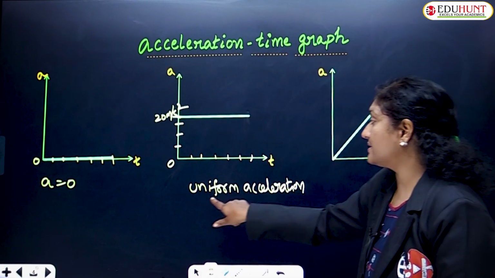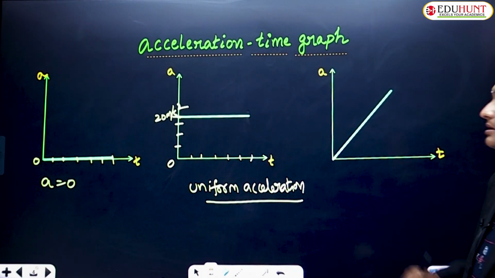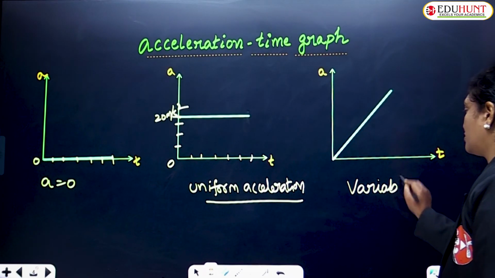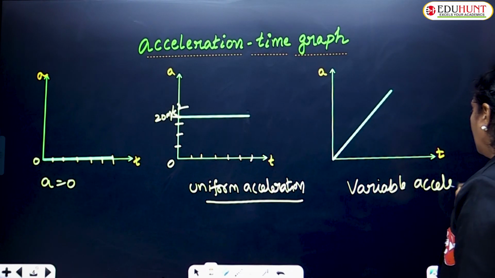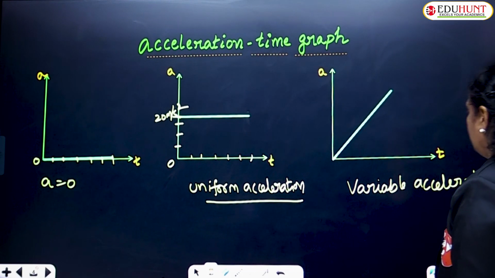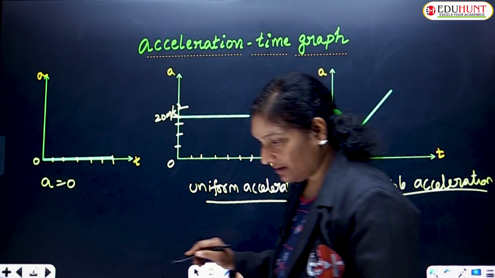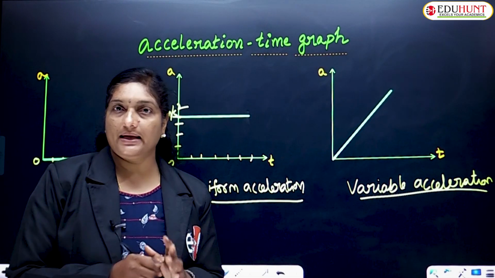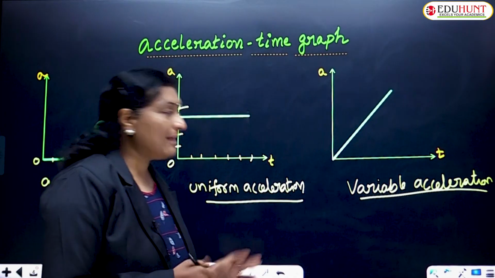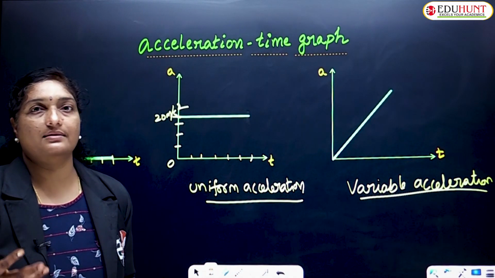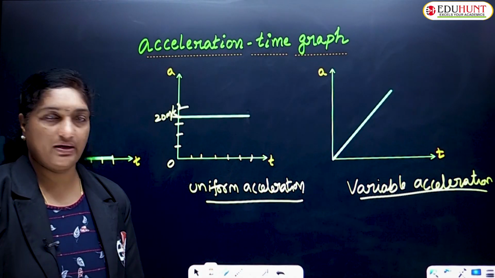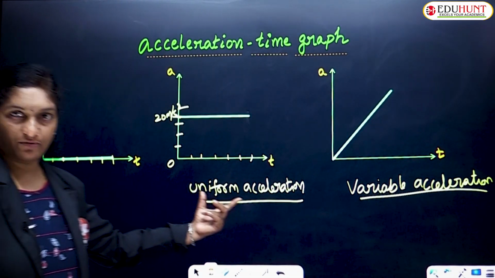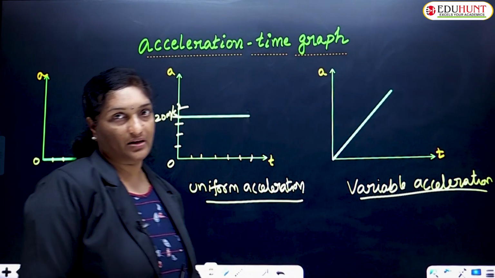So the earlier was an example of constant acceleration, and this is an example of variable acceleration. Maybe the concept is clear to you, but unless we solve a few numericals, with the help of applications, we cannot grasp the concept very well. So this is an example of zero acceleration. This is an example of uniform acceleration. This is an example of variable acceleration.